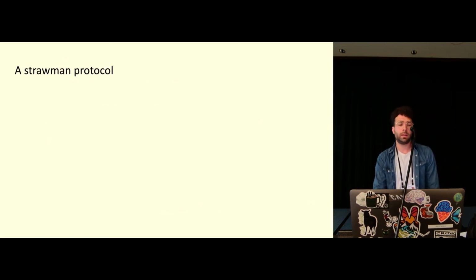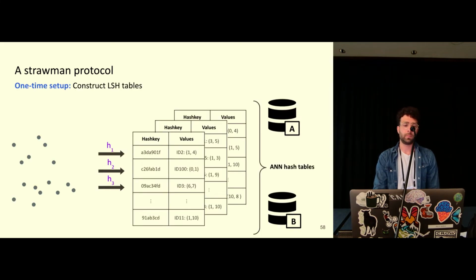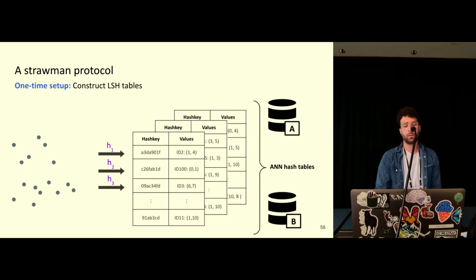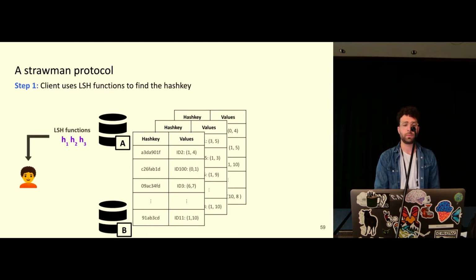So with that established, I can now describe a Strongman protocol that will use LSH to find the nearest neighbor. The basic idea is that our two servers will sample a bunch of hash functions and construct the hash tables pretty much as I described before by hashing the data set into these hash tables.